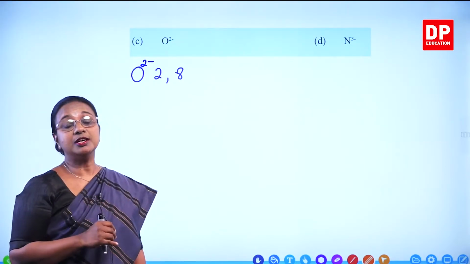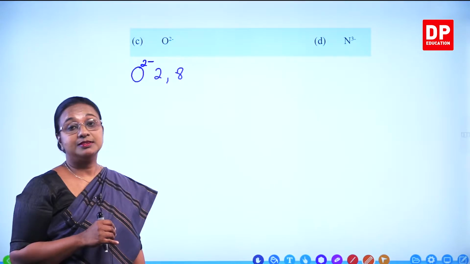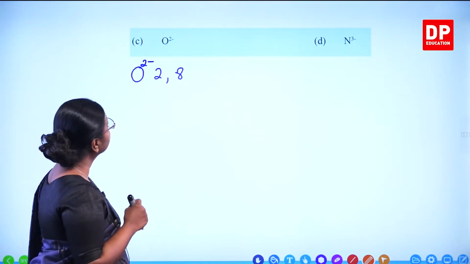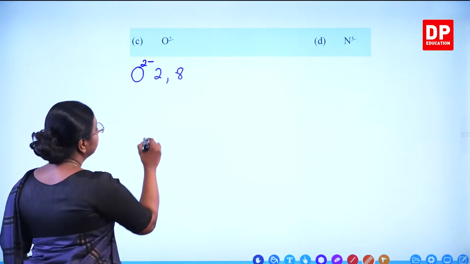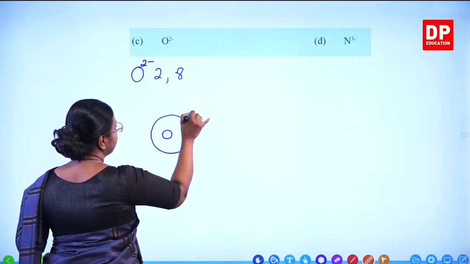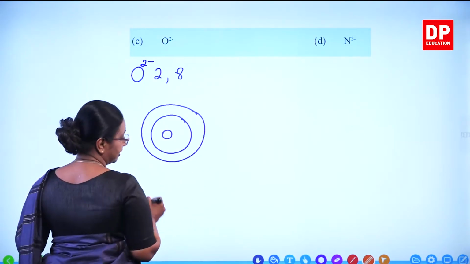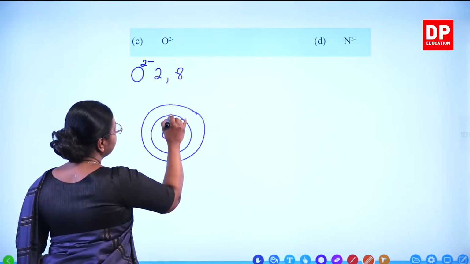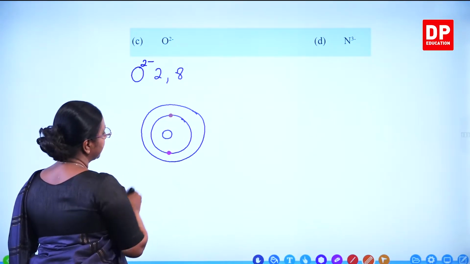Again, similar to the neon noble gas. So, if we represent this in a diagram, what do we do? We have the nucleus in the middle, first energy level and the second energy level. So, if we show the electrons in the first energy level, there are 2.